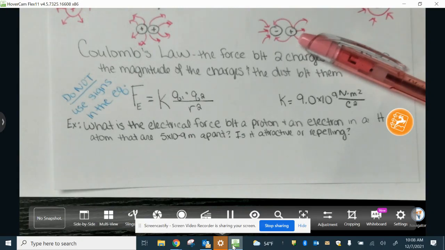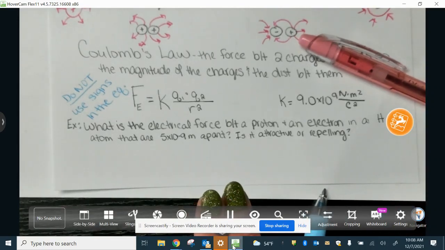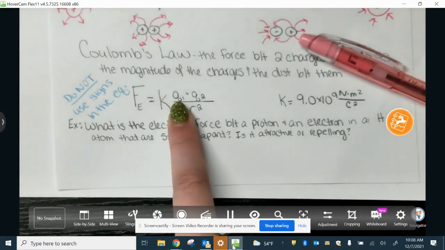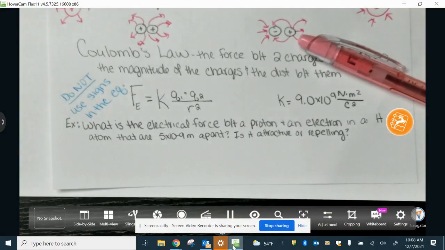The only time you need the signs is to find out if they are attractive, like positive and negative, or repulsive, they don't like each other: positive, positive or negative, negative. Otherwise, I don't want to see something like negative 2 times positive 3 here. Do not use the signs in this equation.